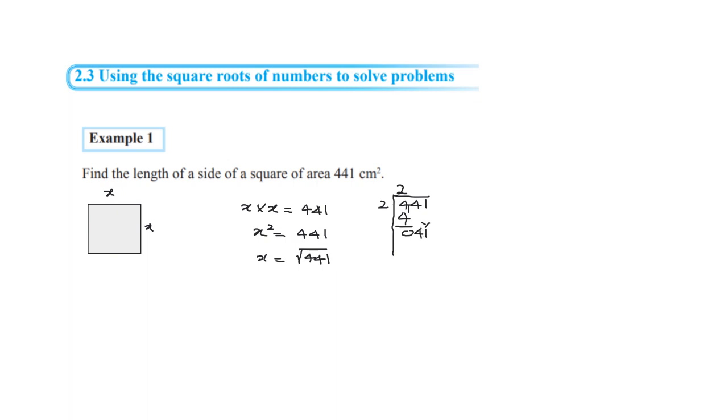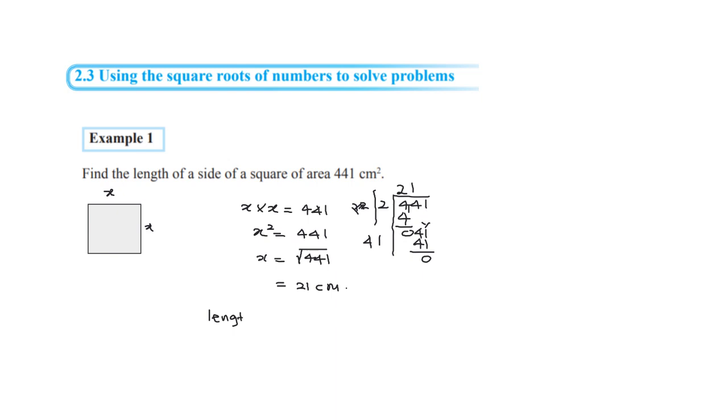Then 2 into 2, we have 4. So exactly 1 and 1. Then 1 times 41 makes 41. Remainder is 0. So side length is 21 cm.